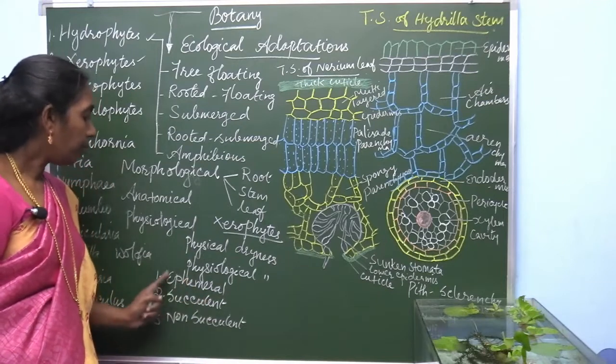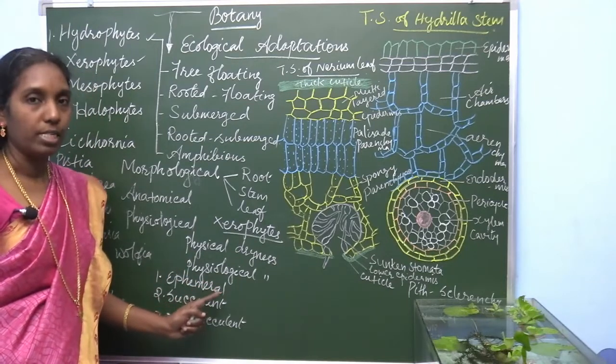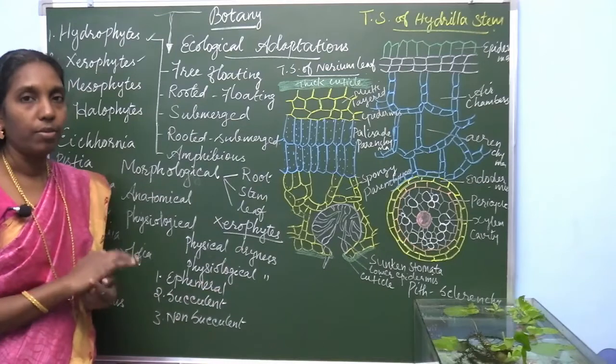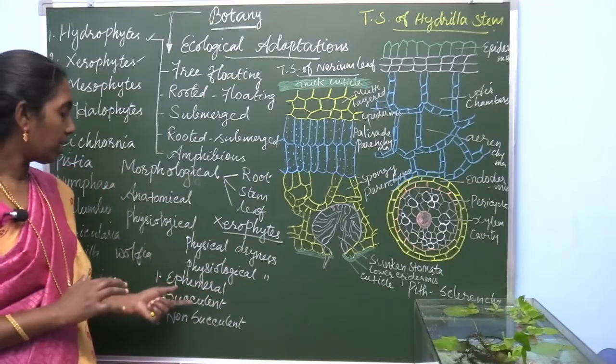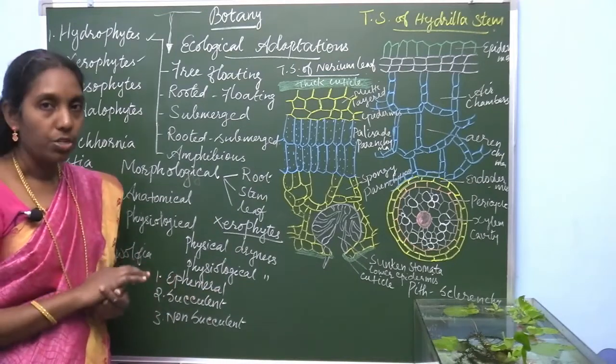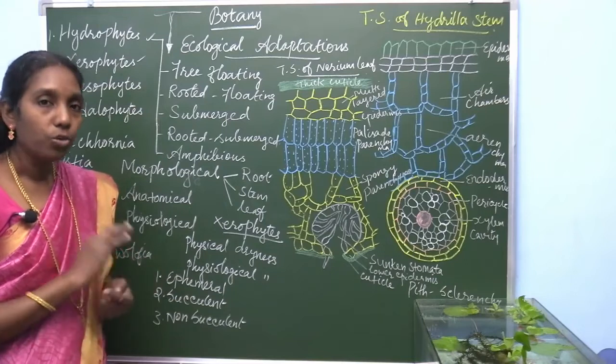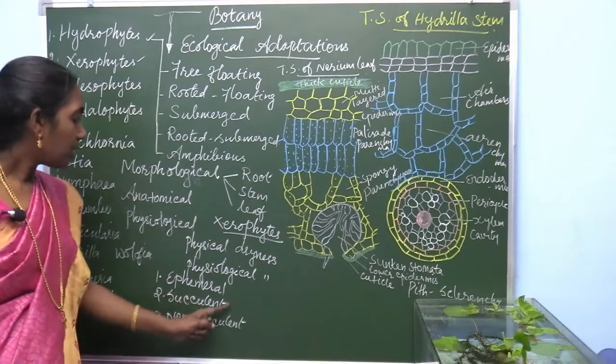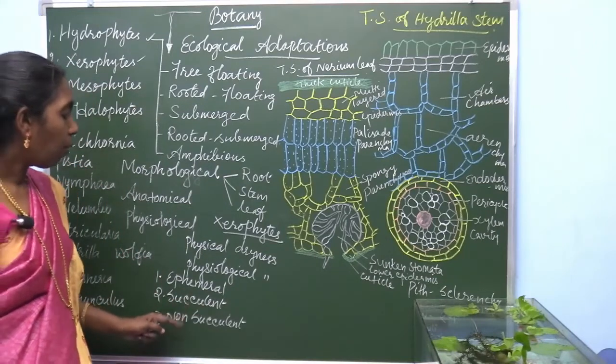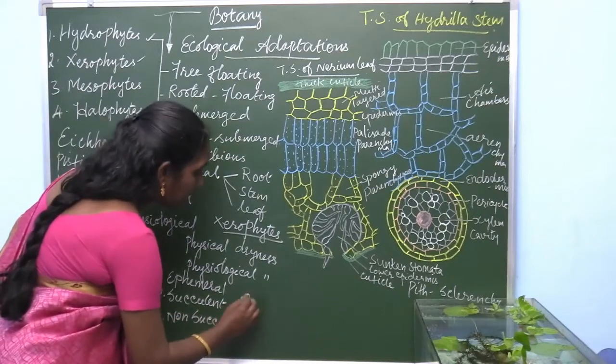Ephemeral plants, example Tribulus. These are short living plants. The lifespan of these plants is very short and they are not true xerophytic plants. Succulent plants, examples Opuntia and Aloe.